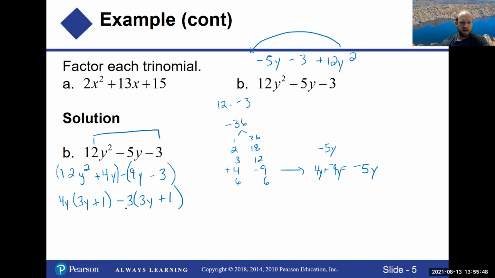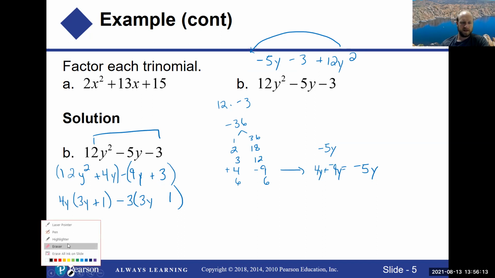So let's see here. Actually, I think I'm making a mistake. If I group this together, I still want this to be negative 3. So actually this would have had to be a positive. I'm thinking in my head here, what am I doing? So yes, that would have had to be a positive.